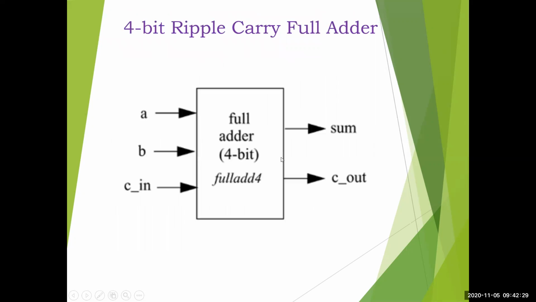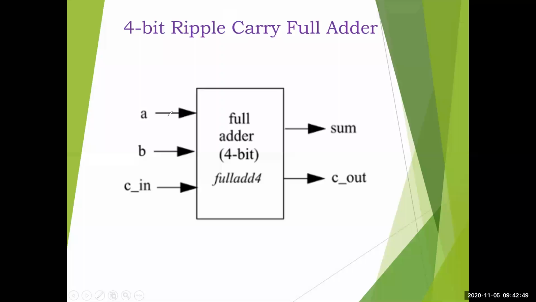This is the IO diagram which we have seen in the list of ports discussion also. You will have inputs A, B, C in, and outputs sum and C out. This logic symbol holds good for both the 4-bit ripple carry full adder as well as a single 1-bit full adder.